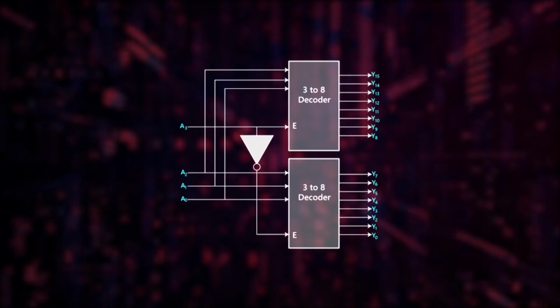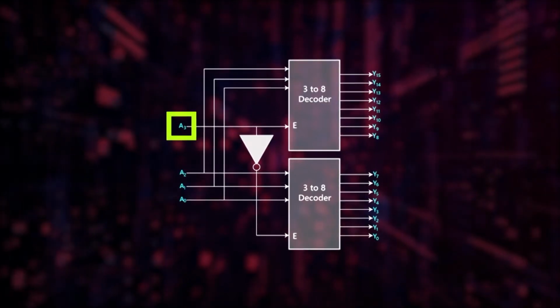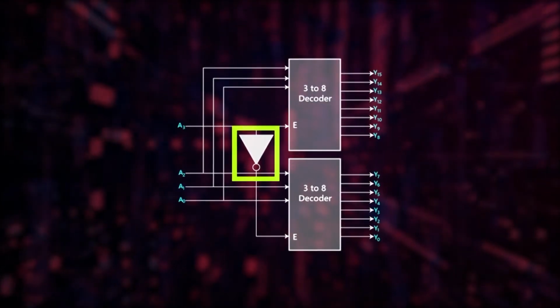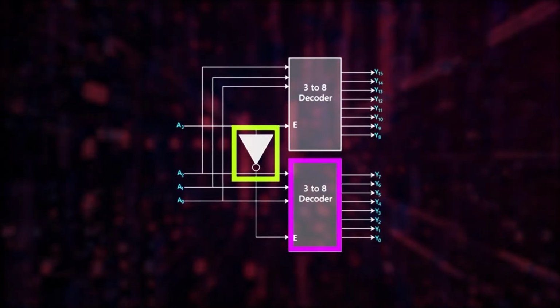As I said above, two 3 to 8 decoders are used with 3 inputs A0, A1 and A2. Out of the 4 inputs of the 4 to 16 decoder, A3, the MSB, is going to act as the enable signal. See the logic diagram given here. A3 is connected to the upper decoder and A3 complement is connected to the lower decoder.